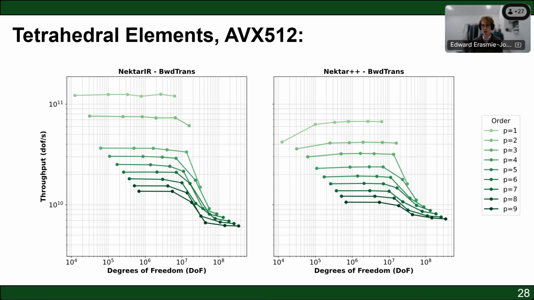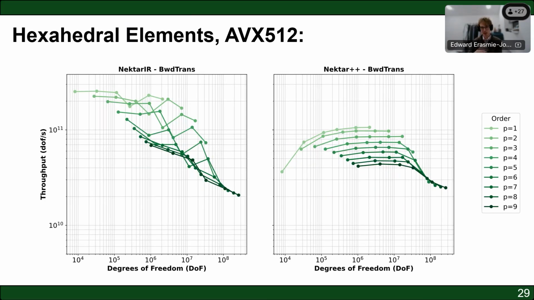It remains to be investigated further to determine exactly what's happened. If we move over to hexahedral elements, we see pretty much the same pattern repeating itself here. Better throughput early, and for medium to high polynomial orders, but it doesn't stay better, basically.